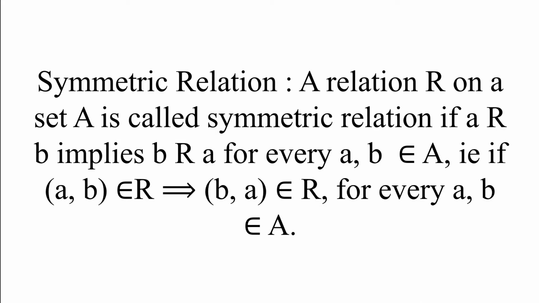The definition said a relation R on a set A is called a symmetric relation if A related to B implies B related to A. That means ordered pair (A, B) element of R implies ordered pair (B, A) element of R. Simple.